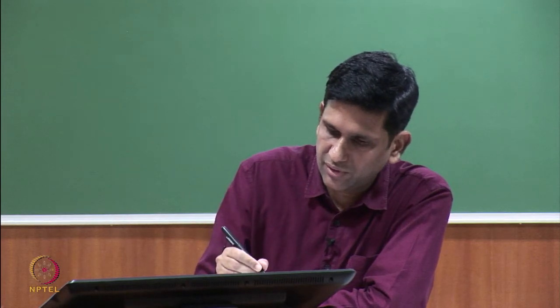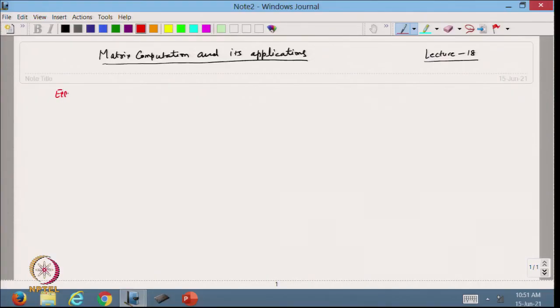So, let us start with the example. Suppose I have two matrices, A, which is 1 1 5, 2 0 6, 1 2 7, and another matrix B, which is 1 minus 4 4, 4 minus 8 6, 0 minus 4 5.